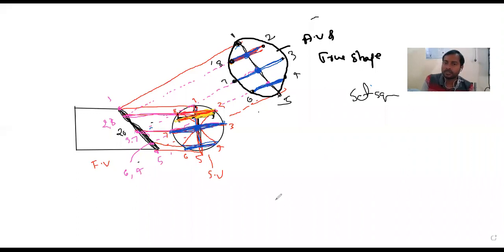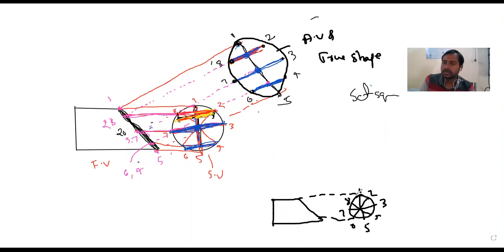First, as per the question, a circle is available. We will divide the circle into equal parts and give the naming as 1, 2, 3, 4, 5, 6, 7, 8.